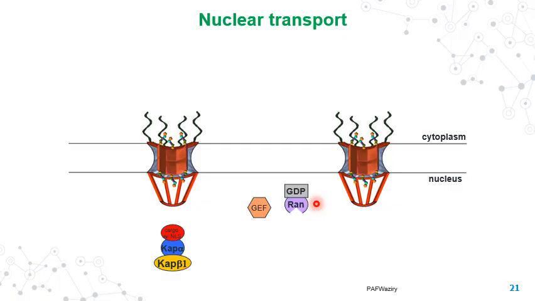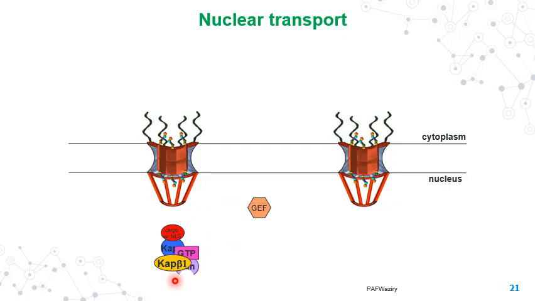Okay? But inside of the nucleus, it is interacting here with the GDP, and it needs to have GTP in order to interact with your transporters. How does it get GTP? By action of this enzyme. That's your GTP exchange factor, GEF. Okay, so you put GTP on RAN.